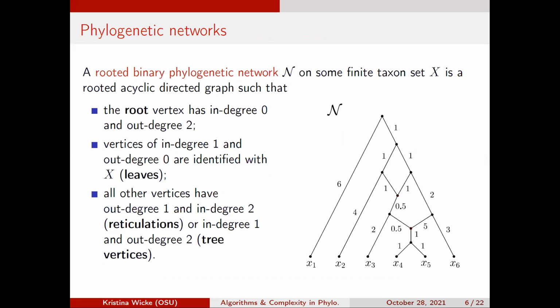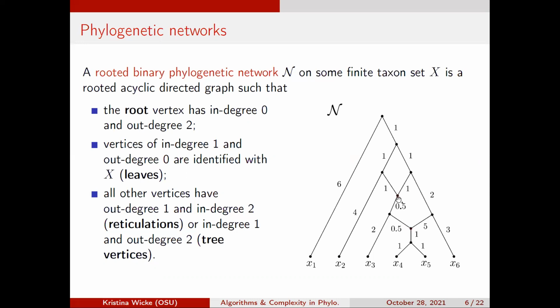Okay, so just to have everyone on the same page in this talk, I'm going to talk about rooted binary phylogenetic networks, which are rooted acyclic directed graphs, where we have a root vertex on top here that has in degree 0 and out degree 2. All the vertices of in degree 1 and out degree 0 we call the leaves, and they are identified with X, our set of species. All other vertices have out degree 1 and in degree 2, like this one or this one.